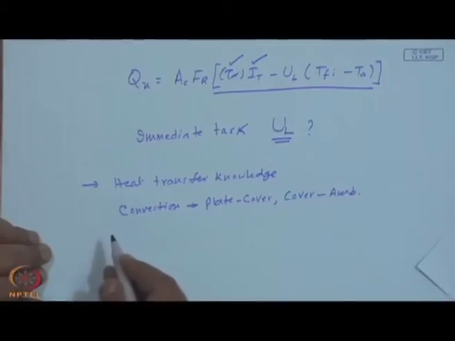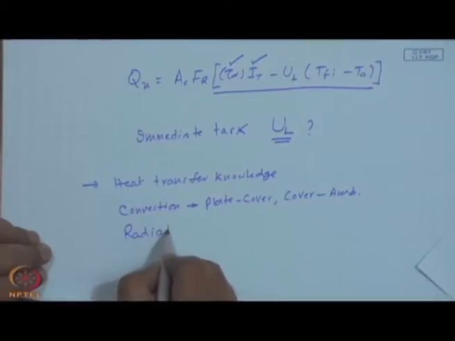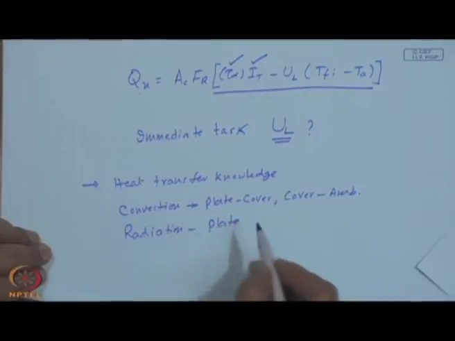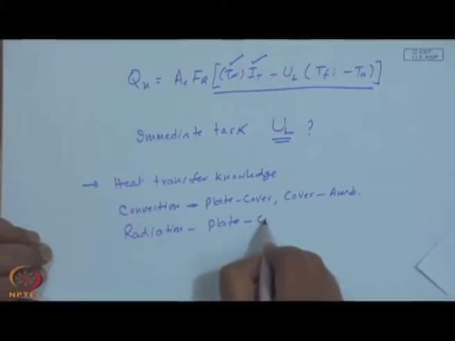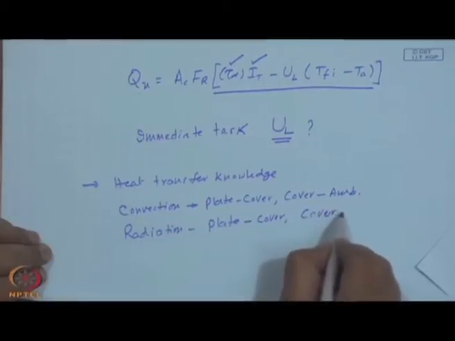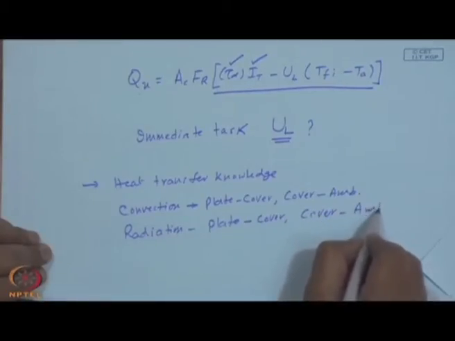If there are two covers, again cover to cover, and then the radiation from the plate. I shall be using plate and absorber synonymously. So, when we say collector plate temperature, it is the same as the absorber temperature, and then to the cover, similarly cover to the ambient.